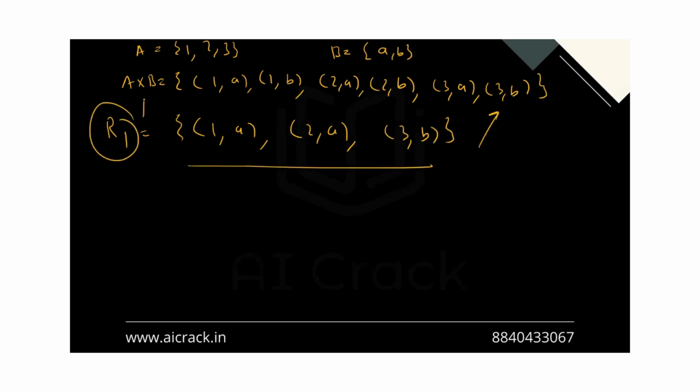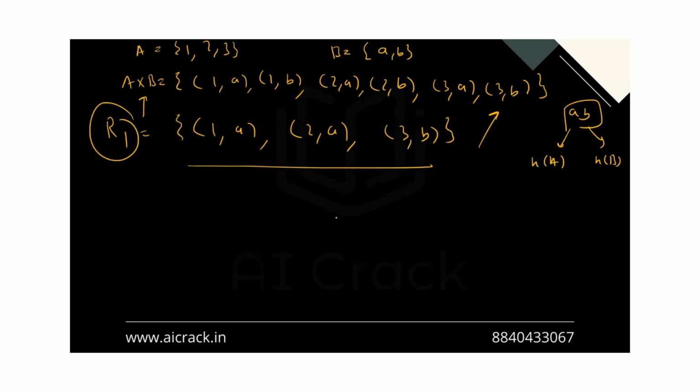This relation is a subset of A cross B because all these elements are also present in A cross B. Now, if we go back to our set theory lecture, we saw that if we have n elements in a particular set, then we have a total of 2 raised to the power n subsets, right? So for A cross B, we have n(A) into n(B), that is ab number of elements in A cross B, right?